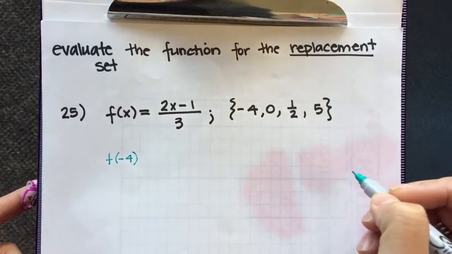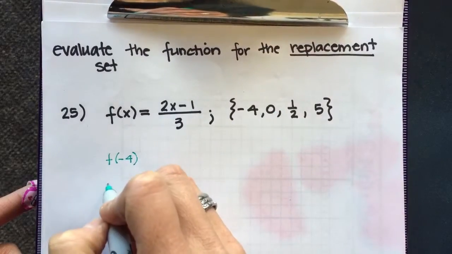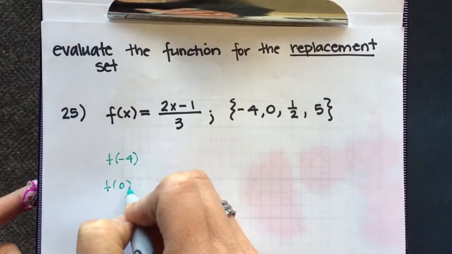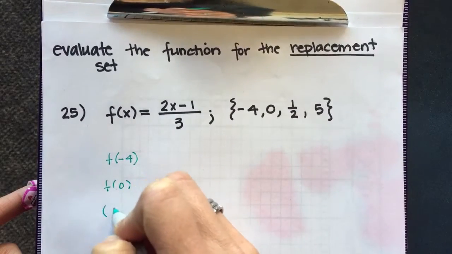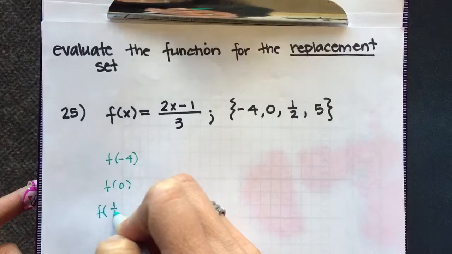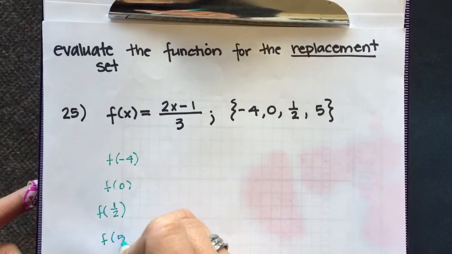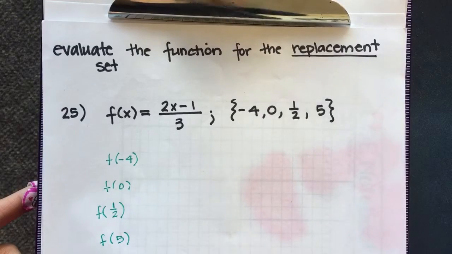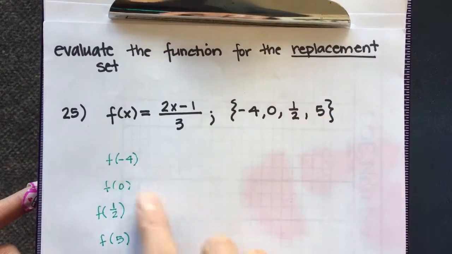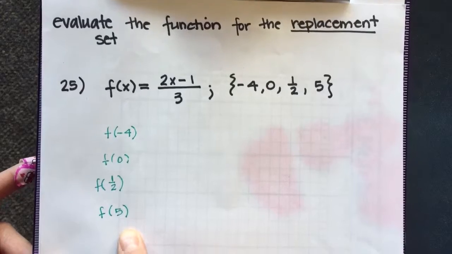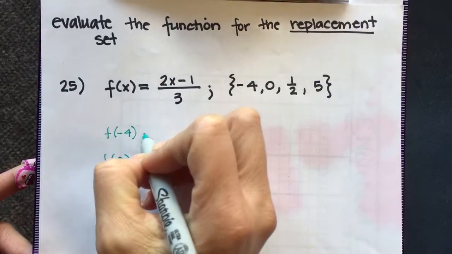Find f of -4, then we do it with 0. F of 0. Then evaluate f of 1/2. And then 5, f of 5. So if you have 4 inputs, you're going to have to evaluate the function 4 times and get 4 different outputs.